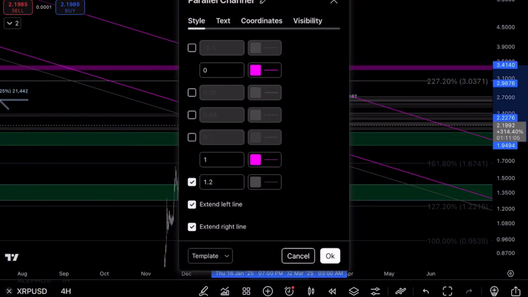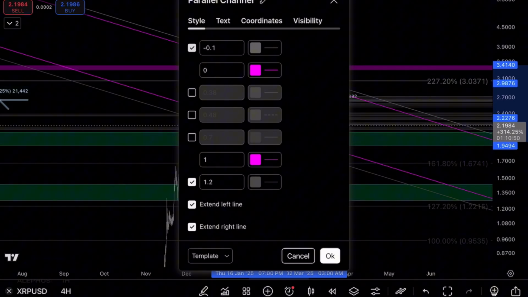So the channel is between the 0 and the 1, and that's where you see I have the pink lines checked. And then to go outside, you can go outside above on the higher side, and you can go outside the channel on the lower side.